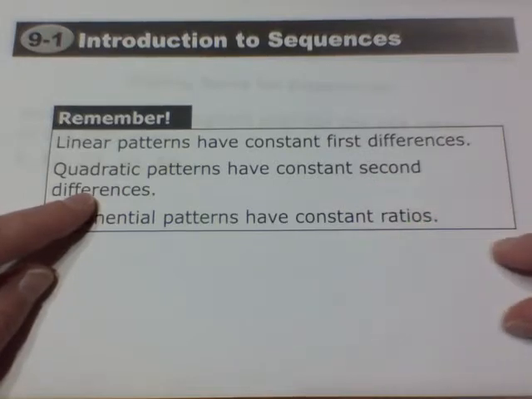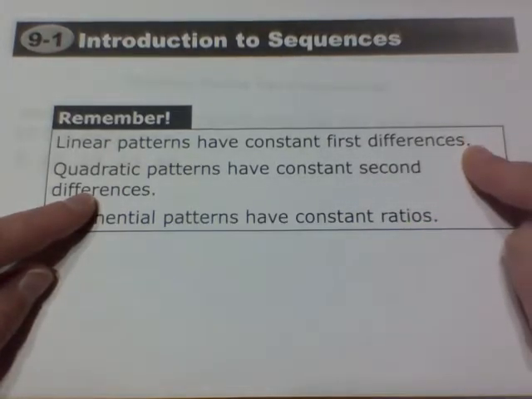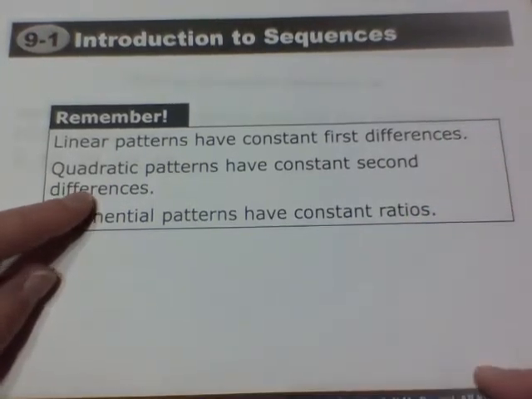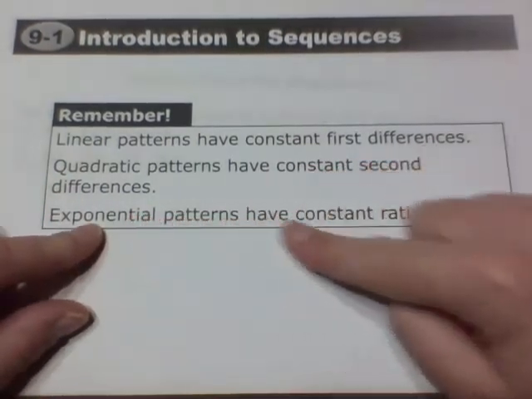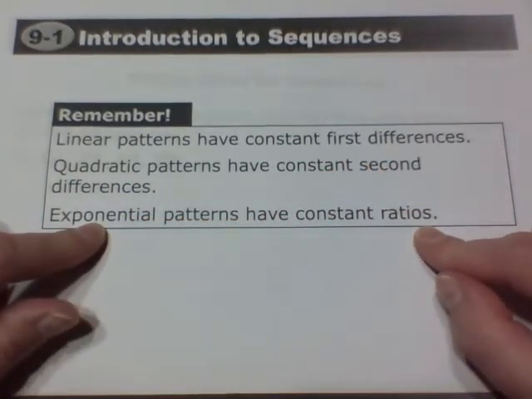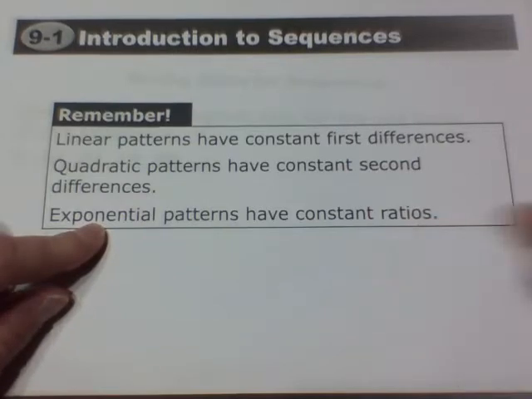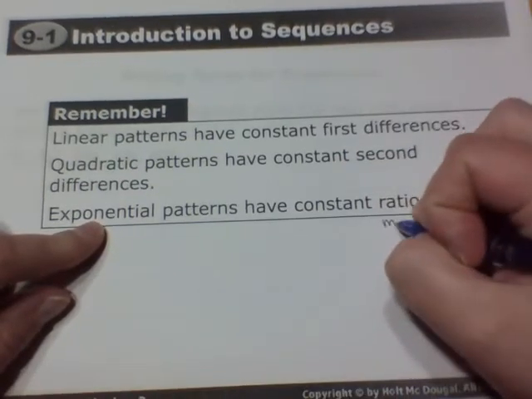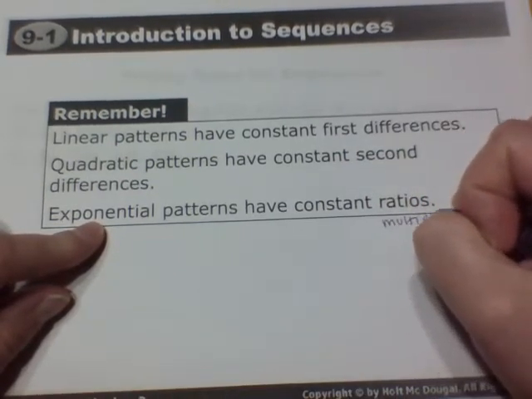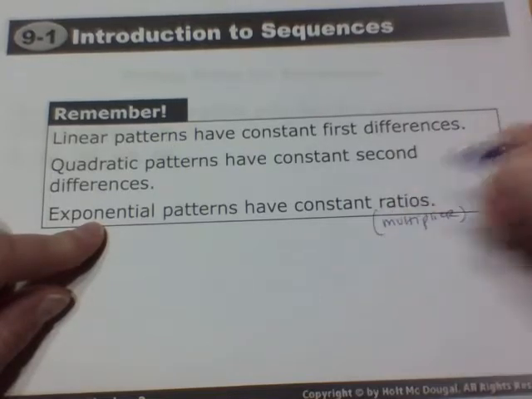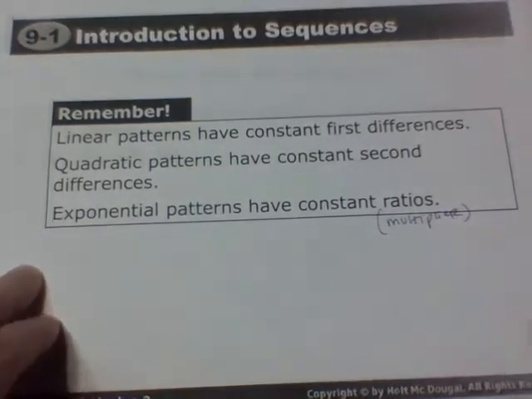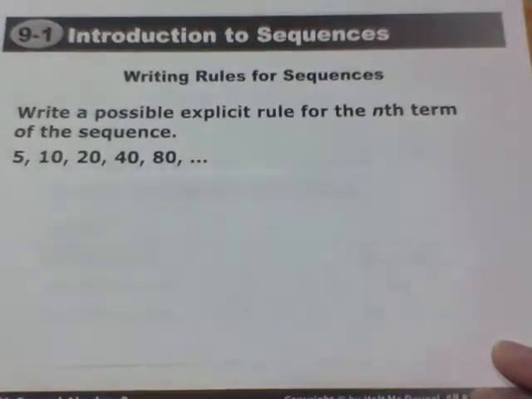So you take all of those differences you just got by subtracting and do them again. That's your second difference. Or an exponential pattern has a constant ratio. So remember, ratios are multipliers. And so we'll kind of go over an example that does that.